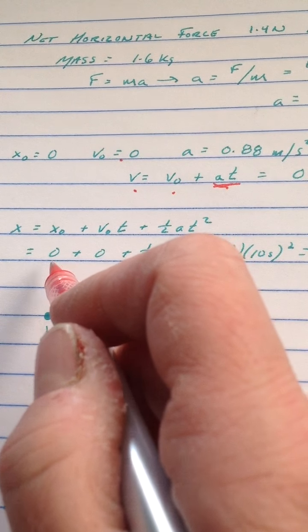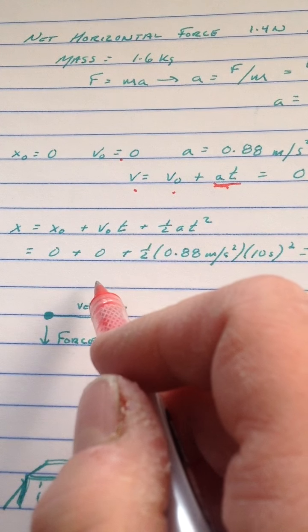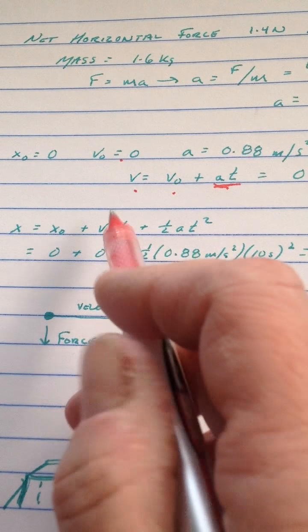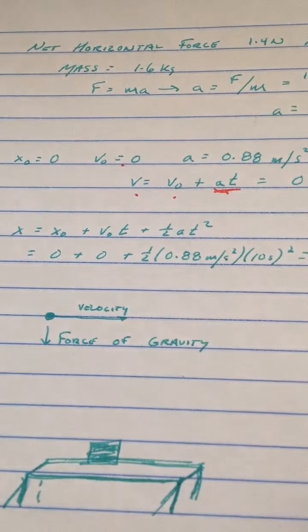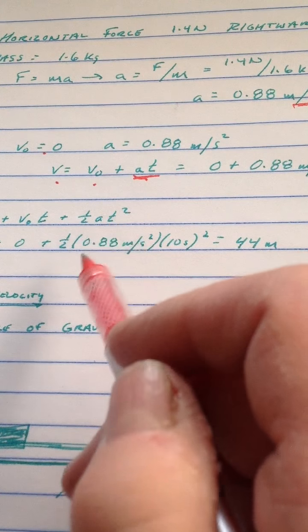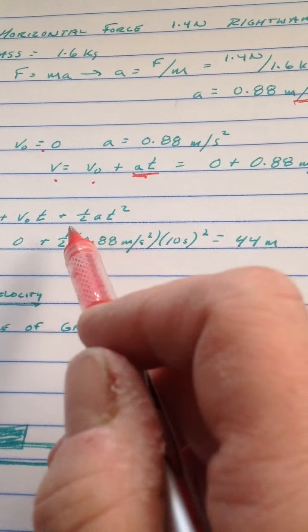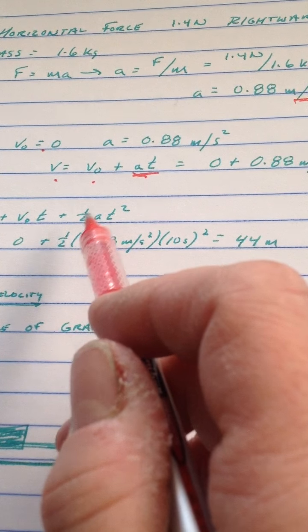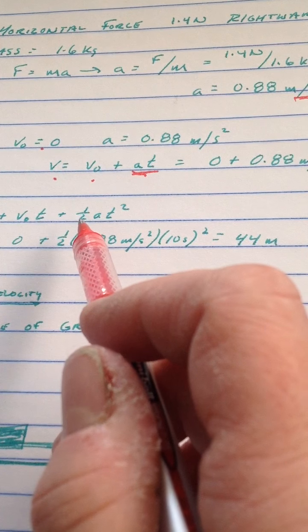You can decide that the wagon has started at position 0 meters. We said that the wagon started at rest, v0 equals 0, so these two terms drop out as zeros, and then we have the 1/2 at squared portion of the formula, where again remember that 1/2 is coming about because there's the area under the velocity versus time curve.